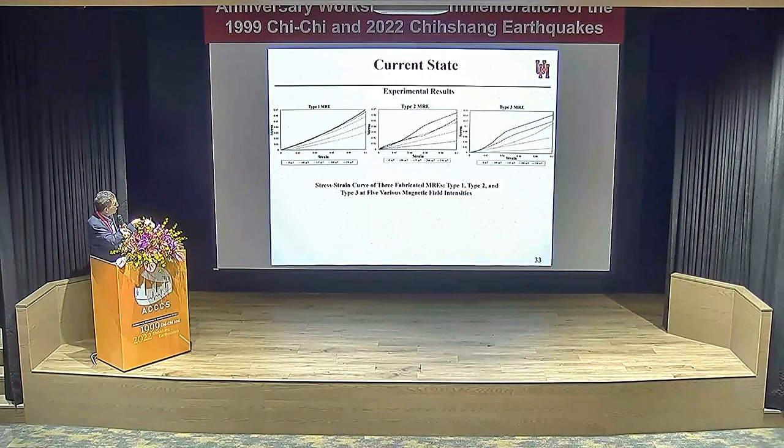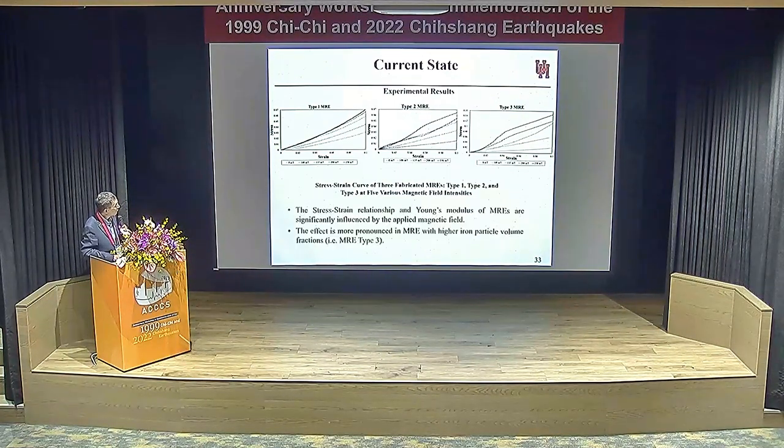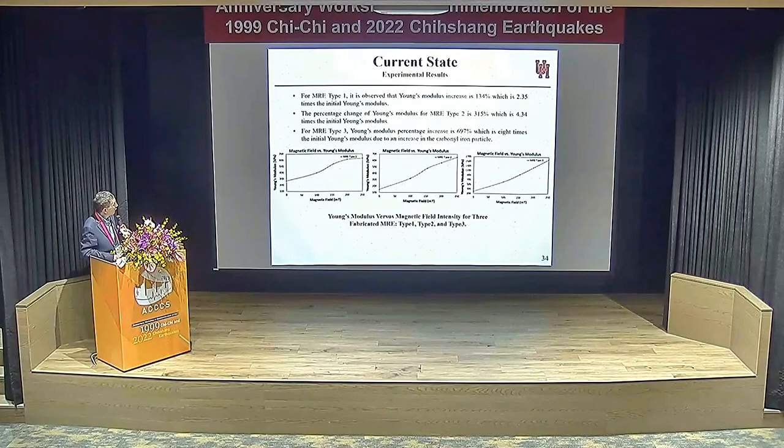Therefore, the Young's modulus also increased, for all three types of MRE we developed up to now. As you can see here, the Young's modulus versus magnetic field. When we increase the magnetic field, Young's modulus also increases. That will make the frequency band gap change.